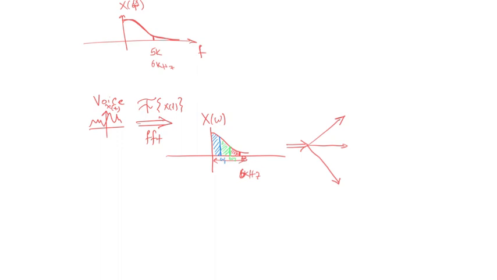So I take the signal, and the first thing that I will do is multiply my signal X of omega with this guy, a square with height 1 and width omega 1. What's going to be the outcome of this multiplication? If I take that square function and multiply it by this whole signal, what do I get? I get the first part that we see here, right? So what you will get out of that is going to be this blue guy. The output from that is going to be this guy.